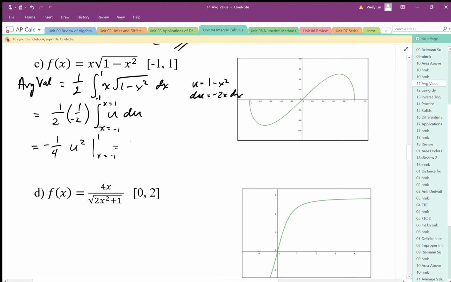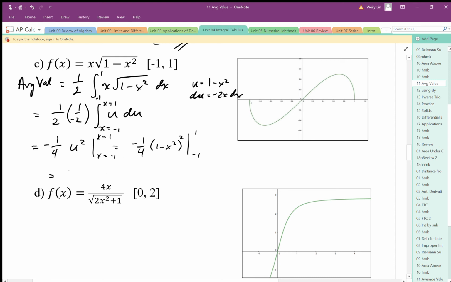This ends up being, I'm going to substitute back in, 1 minus x squared from -1 to 1.